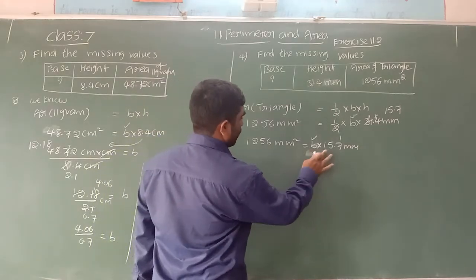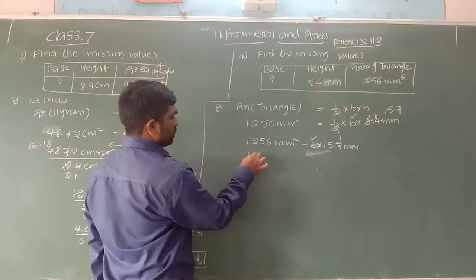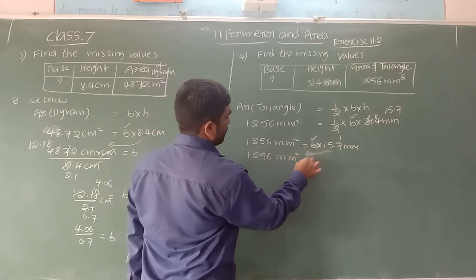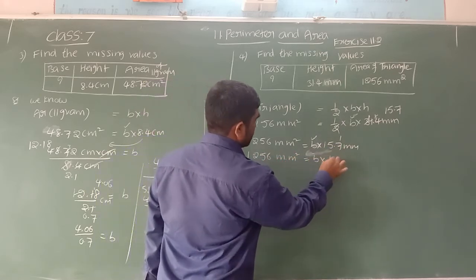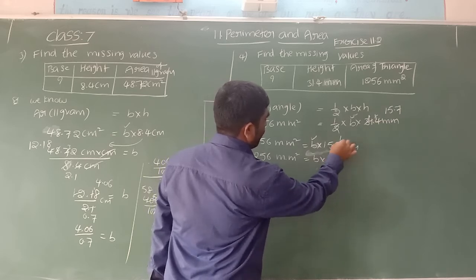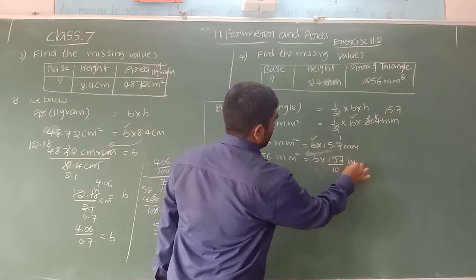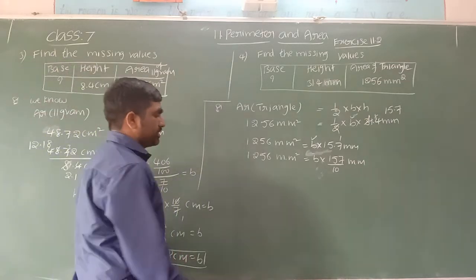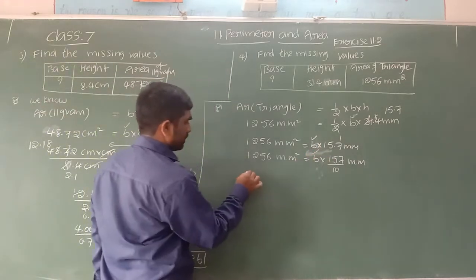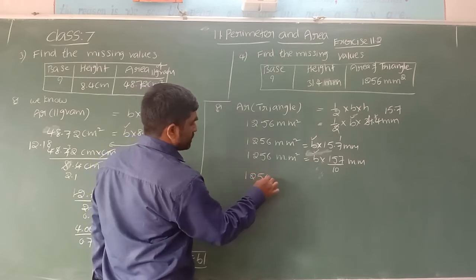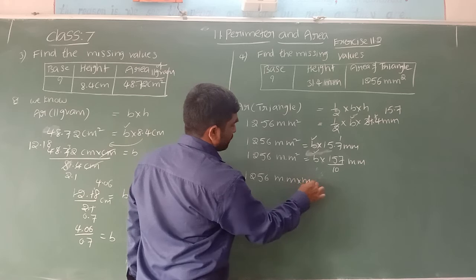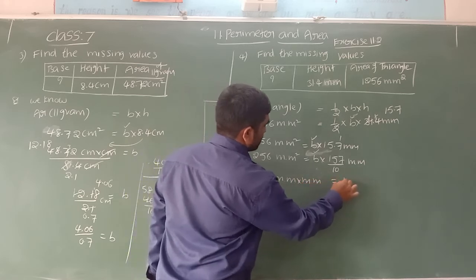And before that, if you want, you can do cancellation also. 1256 square millimeter is equal to base into, let me write this in fraction form, 157 point after 1 digit, so 10 millimeter. Once it is in fraction form, it is a bit easy for cancellation. So let us find the base. Let us write here 1256 square millimeter, millimeter into millimeter, is equal to base.